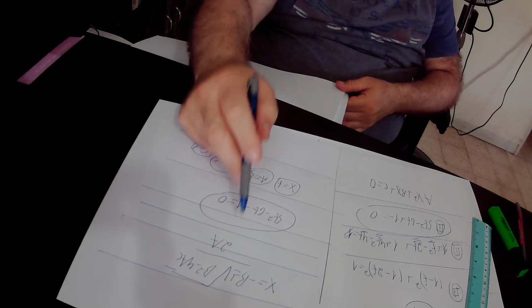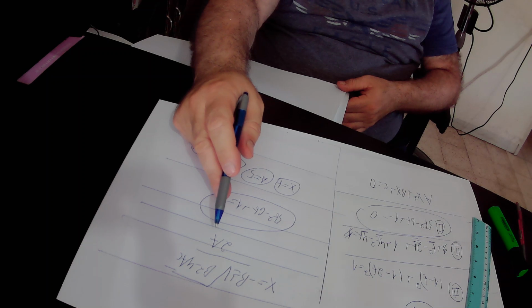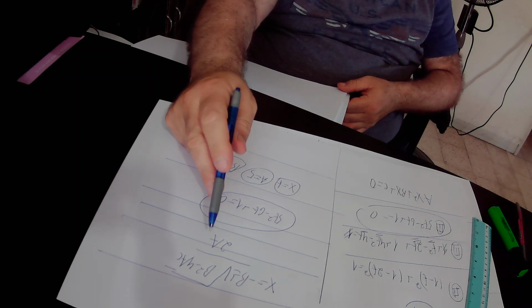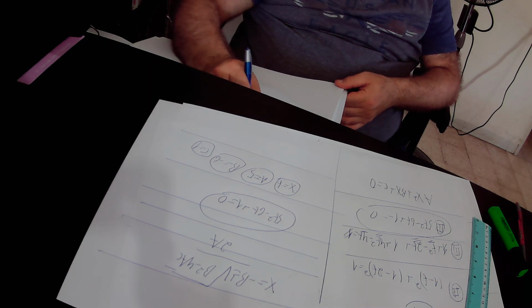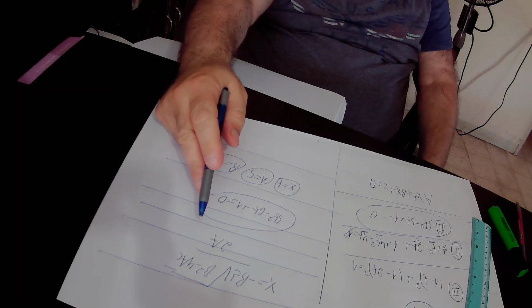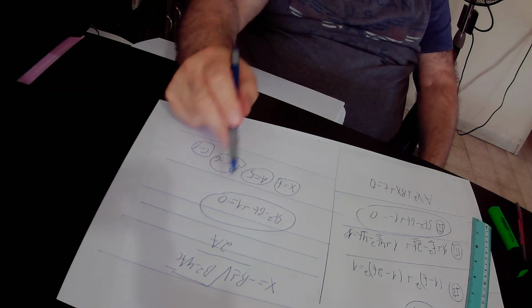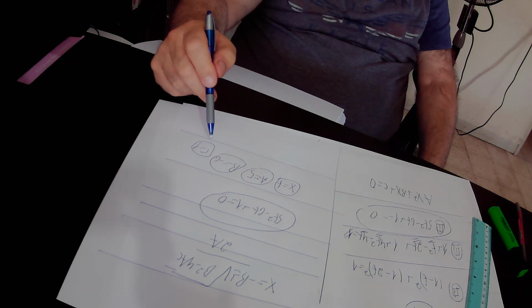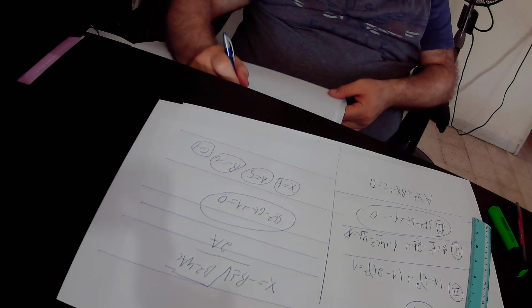And we have also plus minus square root of b squared. b is minus 6, therefore b squared is 36. And we have also minus 4 times a, which is 5, so minus 4 times 5 is minus 20, times c, which is 1, so minus 20 times 1 is minus 20.